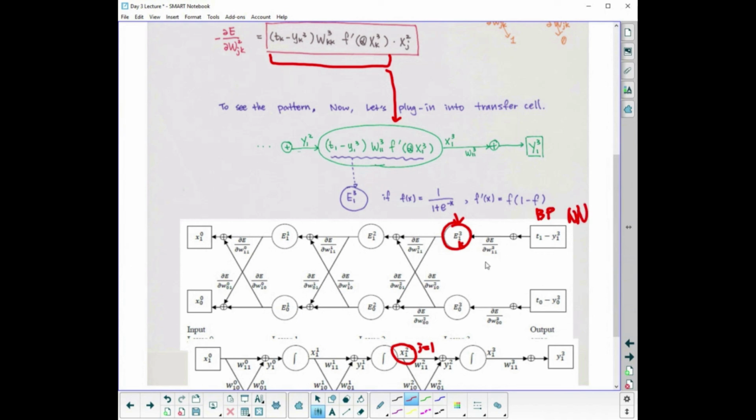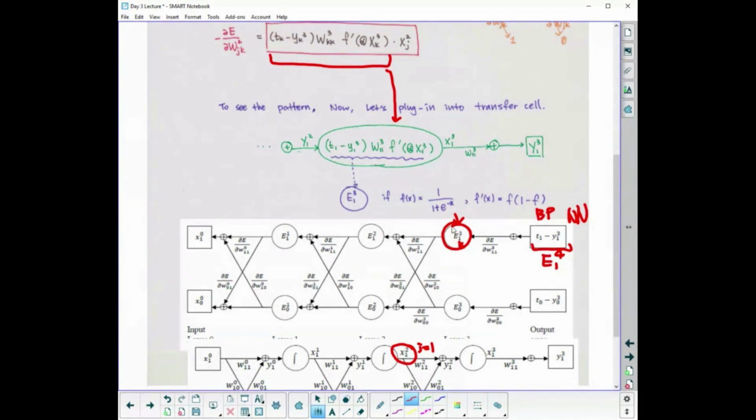In the previous page example, we filled out the final E node. You can also say this E node is E, input level 1, layer 4, or the final layer.